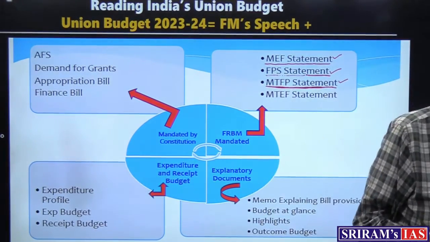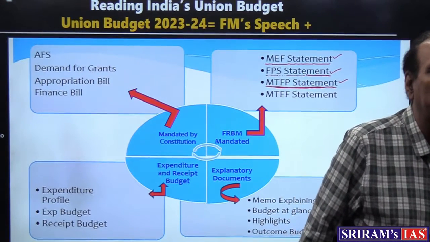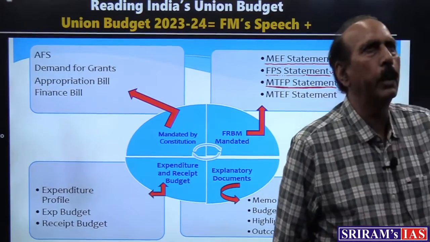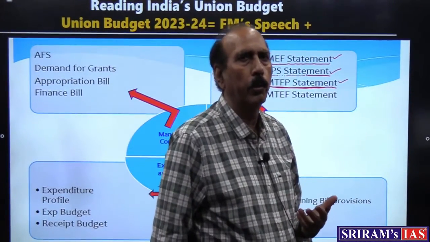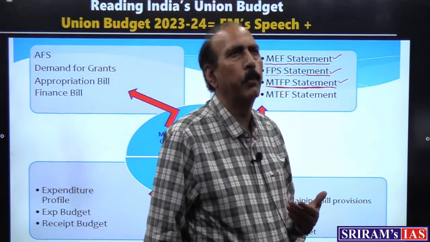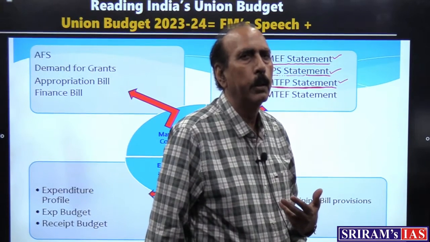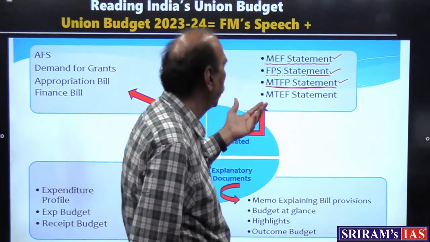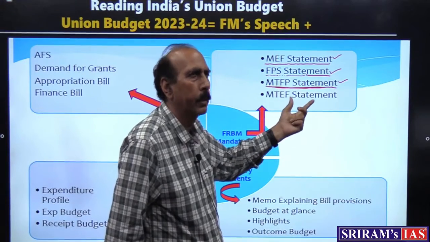If the budget is presented for 2023-24, then the fiscal policy strategy statement gives you how the government is going to mobilize the resources, in terms of tax revenue or non-tax revenue. That will be given in the fiscal policy strategy statement. The fiscal policy strategy statement will give you the government fiscal policy for the current year.